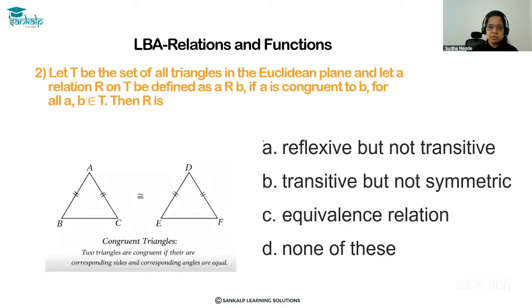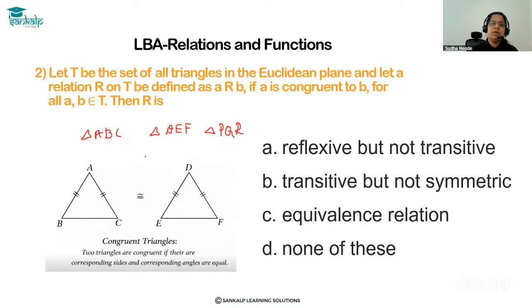So let us take two triangles, ABC and DEF. You can take one more triangle, PQR.